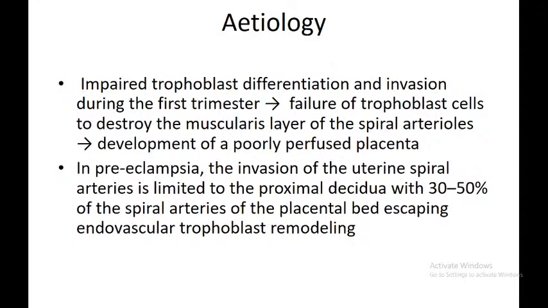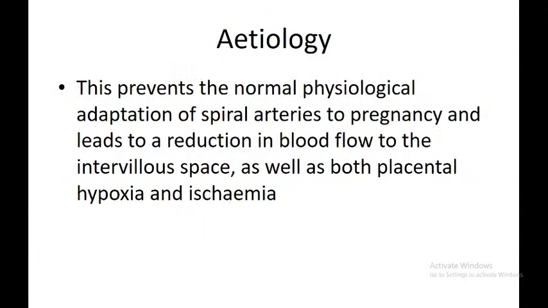So almost half of these spiral arteries escape this endovascular trophoblast remodeling, which is otherwise seen in a normal pregnancy. In a normal pregnancy, we see this endovascular trophoblast remodeling, whereas in preeclampsia, this is lacking, ultimately leading to uteroplacental dysfunction.